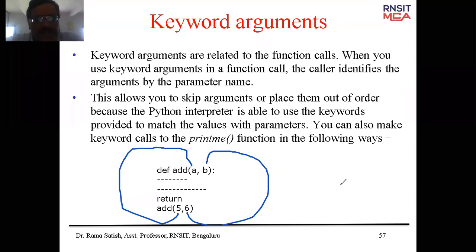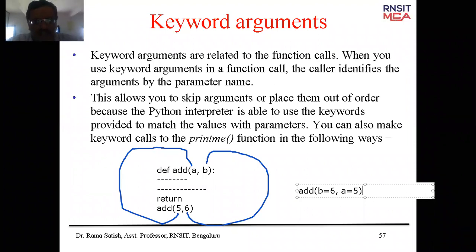Sometimes you are fed up: why should I always give the first argument as A? I will make the second argument A. In that case, what you can do is very simple. While calling the function add, you can write B is equal to 6 and A is equal to 5.